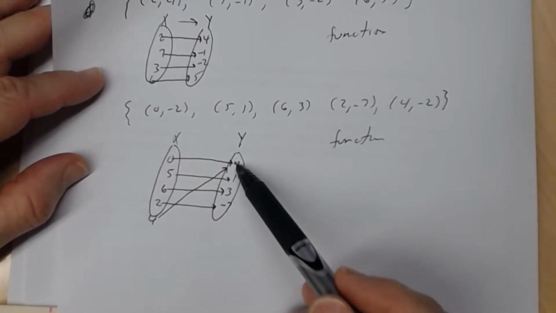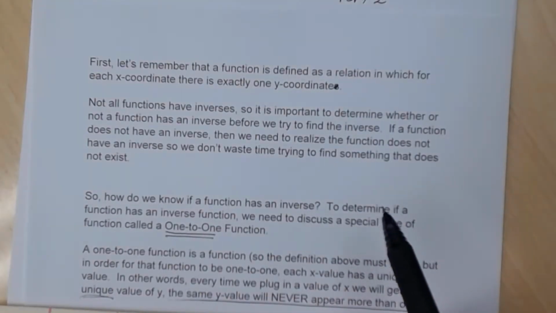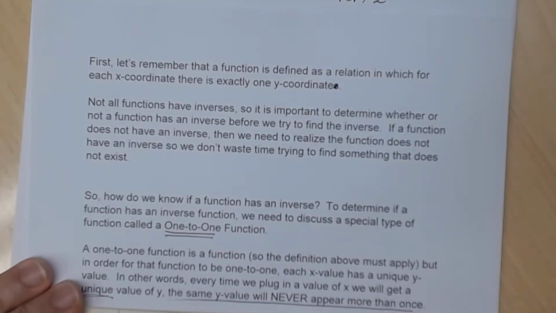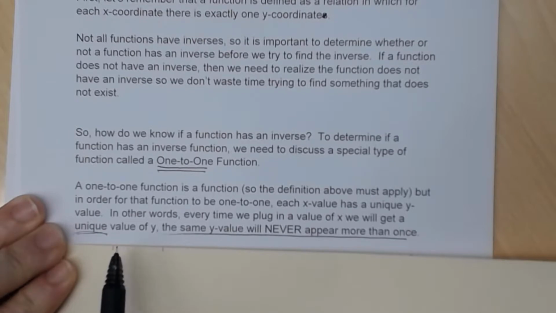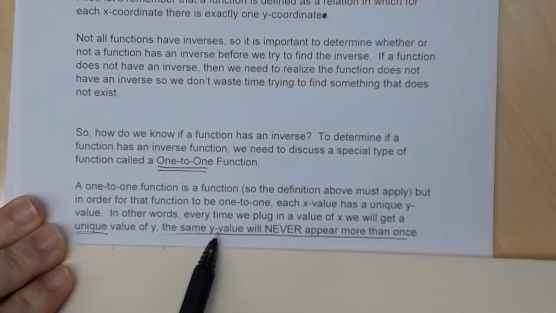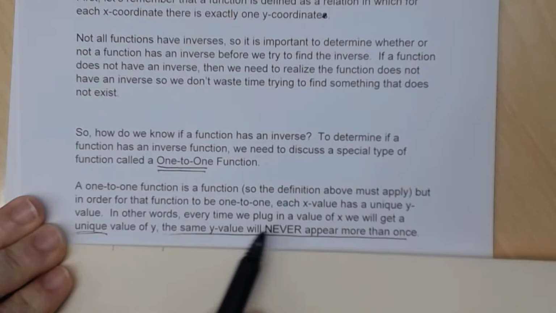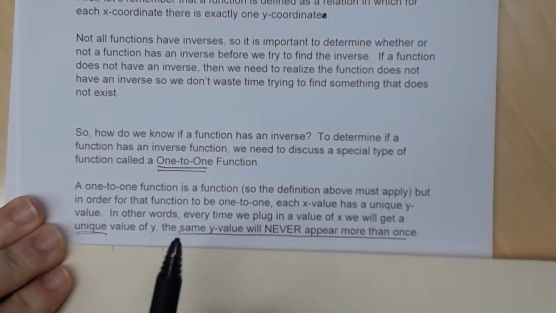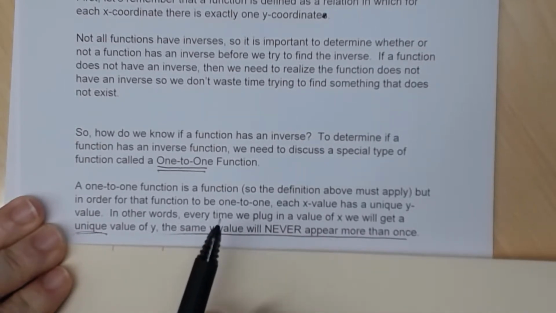That was okay for it to be a function. But in order for it to be a one-to-one function, the y value can never appear more than once. So for each x value, there's got to be a unique y value, and once that y value is used, it cannot be used again.